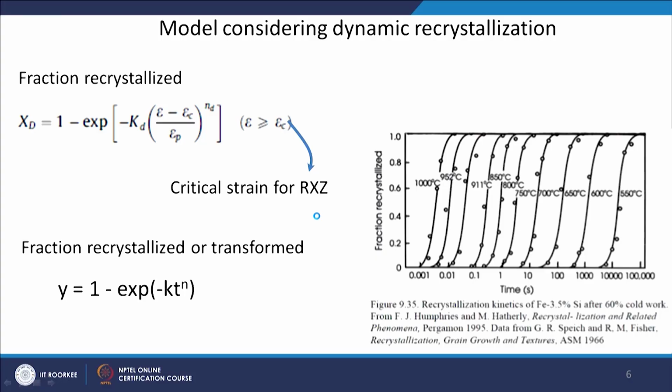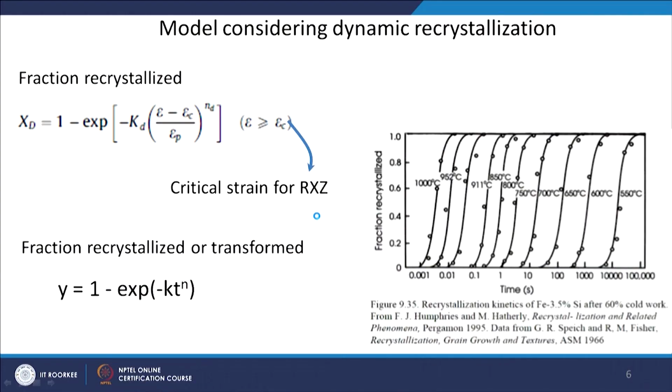Now, there are models which also consider dynamic recrystallization. In this, they are trying to find out the fraction recrystallized. So, to find the fraction recrystallized, they have some parameters here.